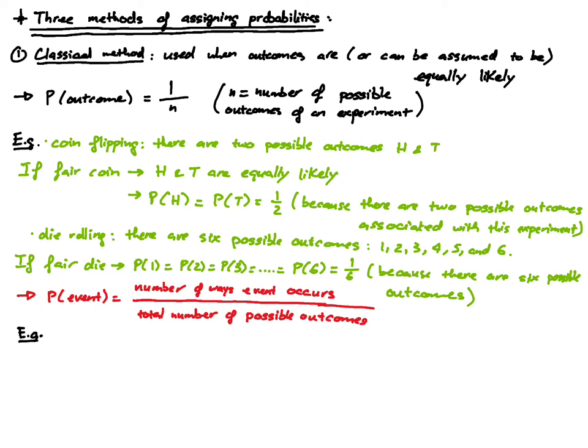Suppose that we go back to the die rolling experiment, and let me define my event of interest as getting an even number.